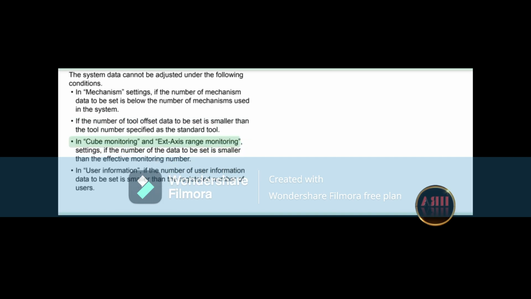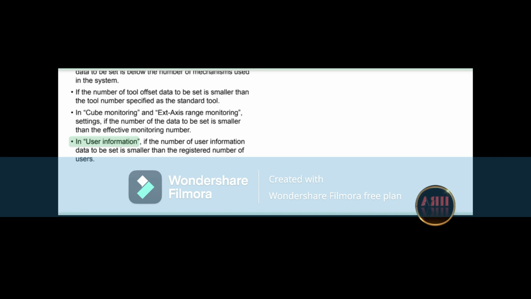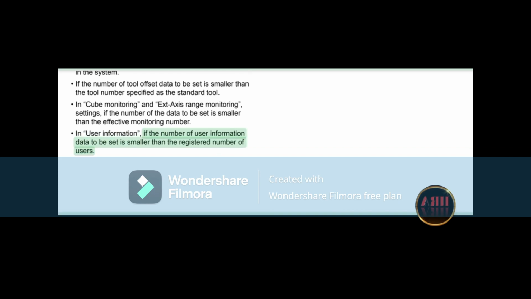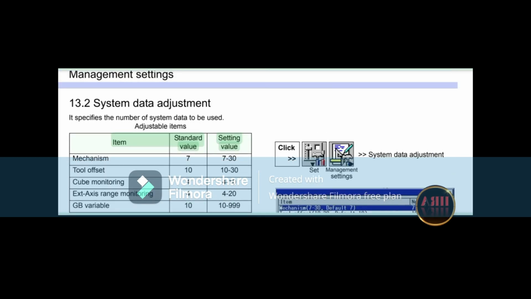In cube monitoring and X-axis range monitoring settings, if the number of the data to be set is smaller than the effective monitoring number. In user information, if the number of user information data to be set is smaller than the registered number of users.